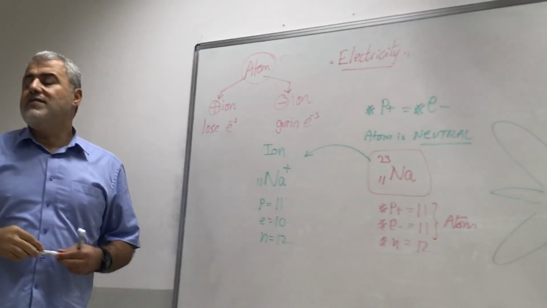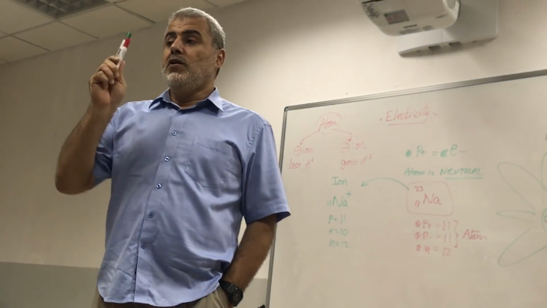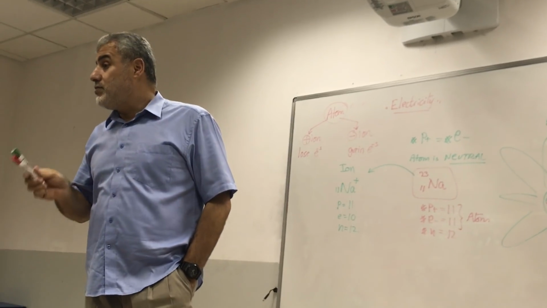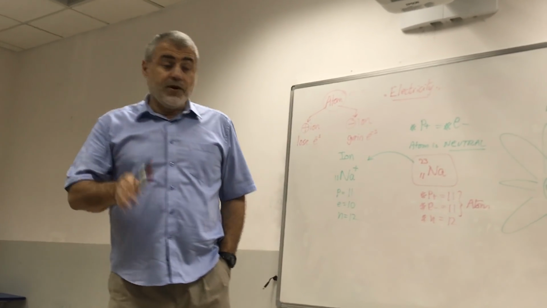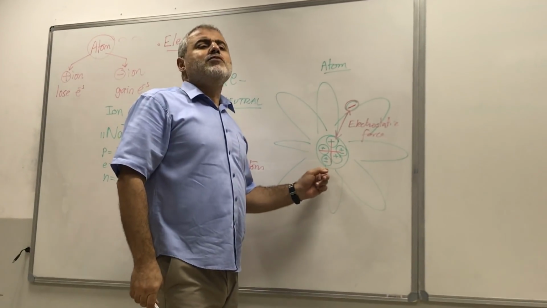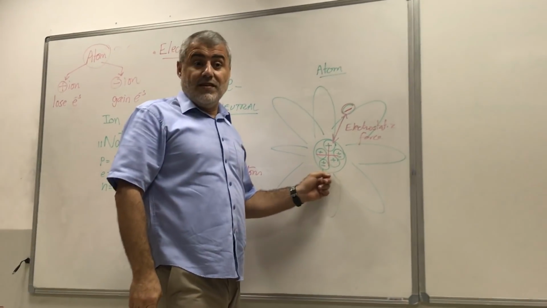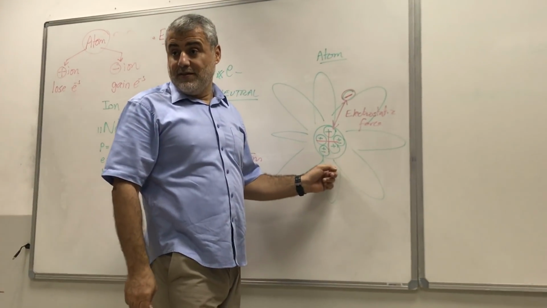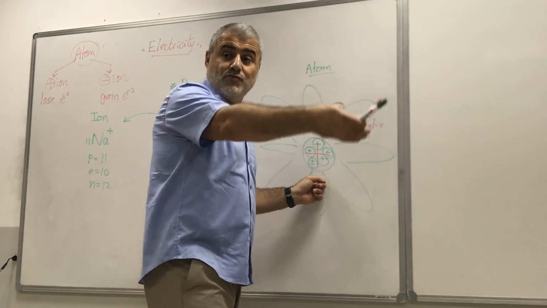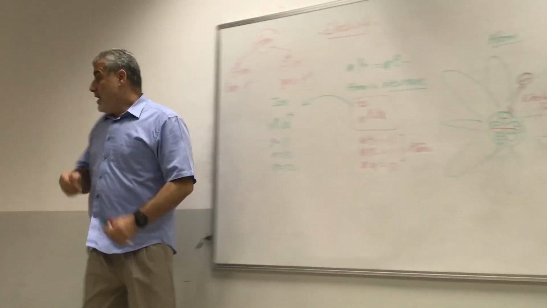But pay attention, I focus on this, it never loses or gains protons or neutrons, because they are tightly bound inside the nucleus. They cannot move. Okay, Shabab? They are always settled or embedded inside the nucleus. Don't think that there are protons moving up or down. Okay, Shabab, this is the idea.